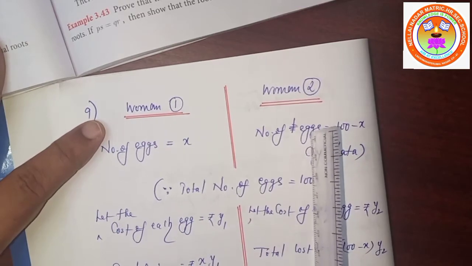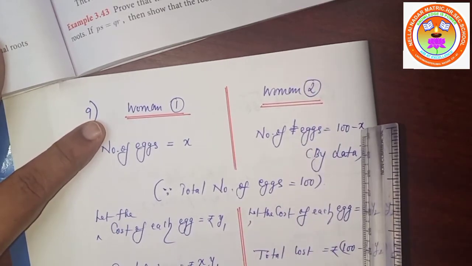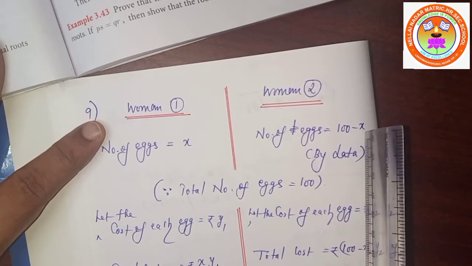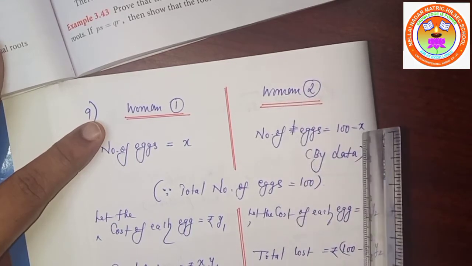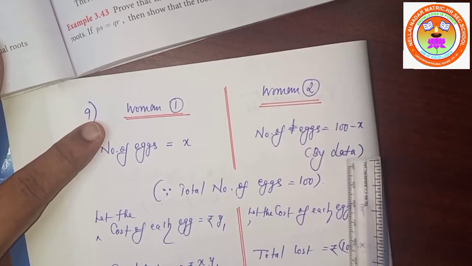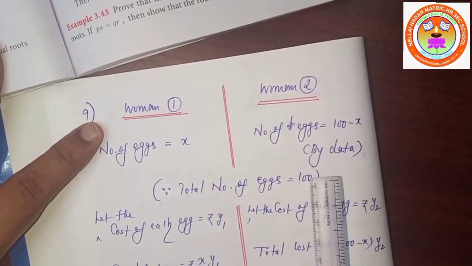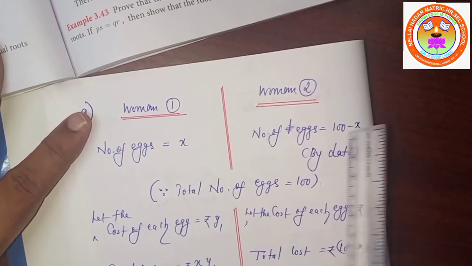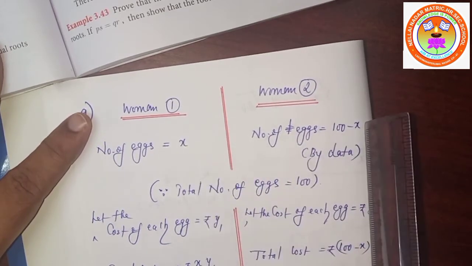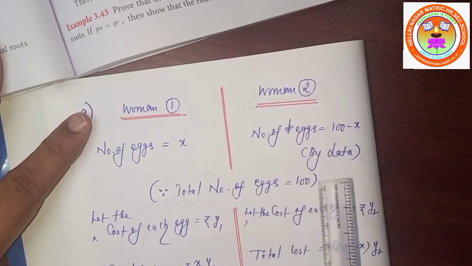Therefore, the number of eggs for the second woman equals 100 minus x. By data, total number of eggs equals 100. Since it is x, definitely this one is 100 minus x, because adding together, plus x minus x get cancelled, we will be getting 100.